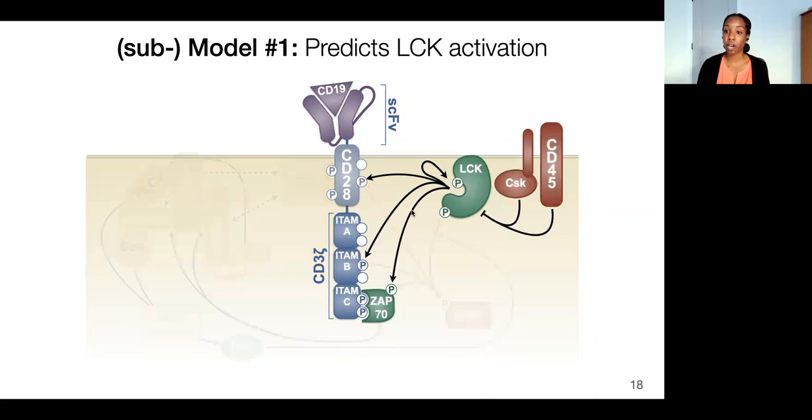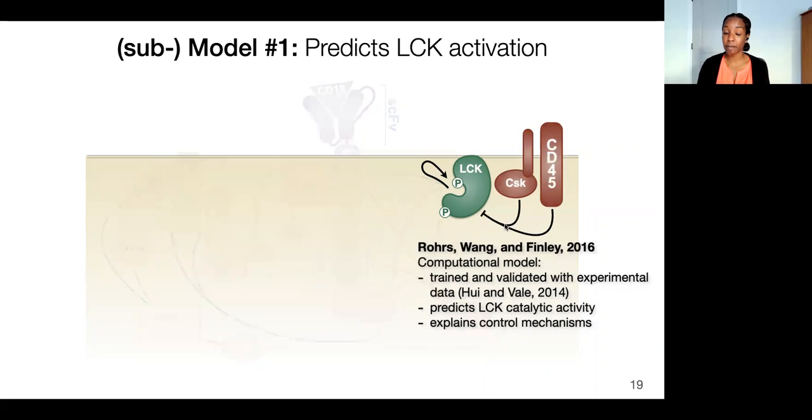And so the first submodel that we put together, and then we can combine them all together, is to look at LCK activation. Again, LCK is this initiating kinase that promotes downstream signaling. It itself has a program that confers catalytic activity involving the inhibitory kinase CSK and the phosphatase CD45.